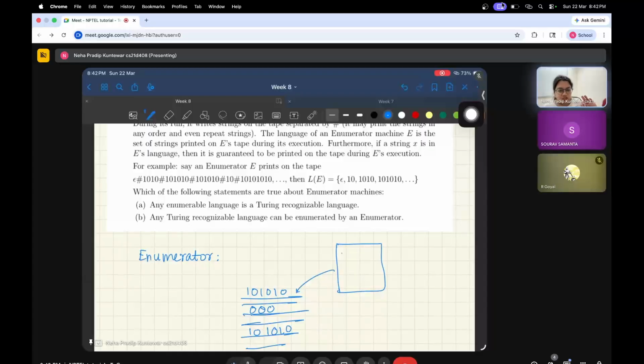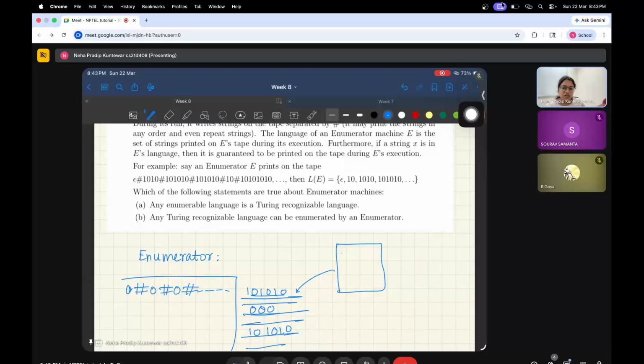The definition of the model is just that it's going to keep on printing strings like this by separating with hash or something. It can repeat and so on. I'm just saying one example of such an enumerator, one such machine could do that. It could just be printing 0.